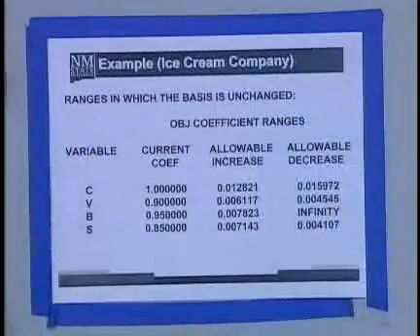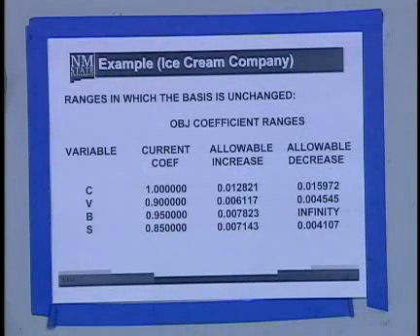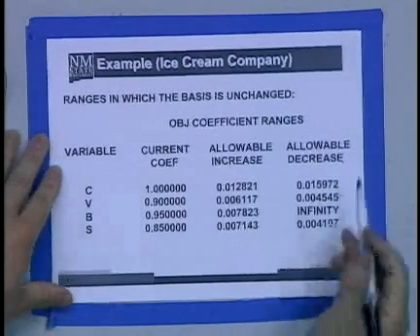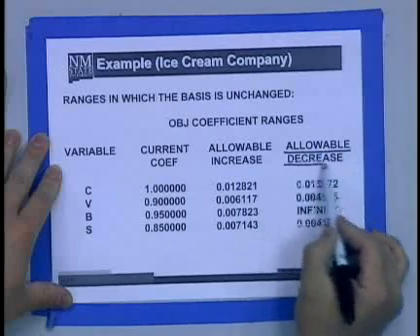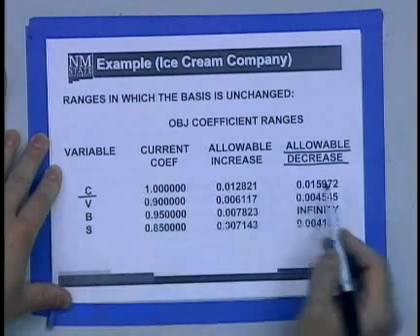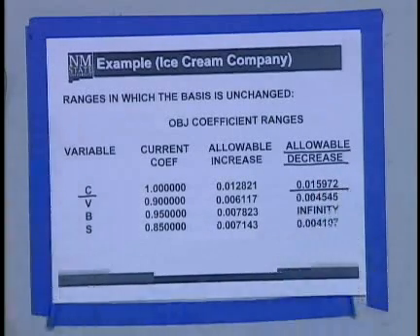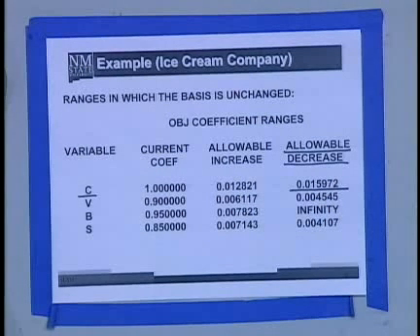And according to the Lindo report, the allowable decrease of chocolate ice cream is 0.015972. This means that within this decreased limit of objective coefficient of variable C, the optimal basis is unchanged. Okay?